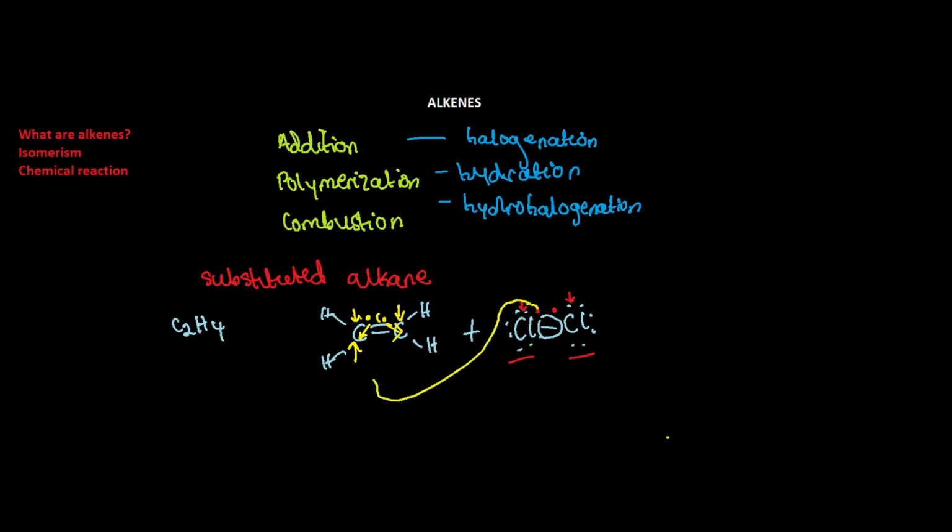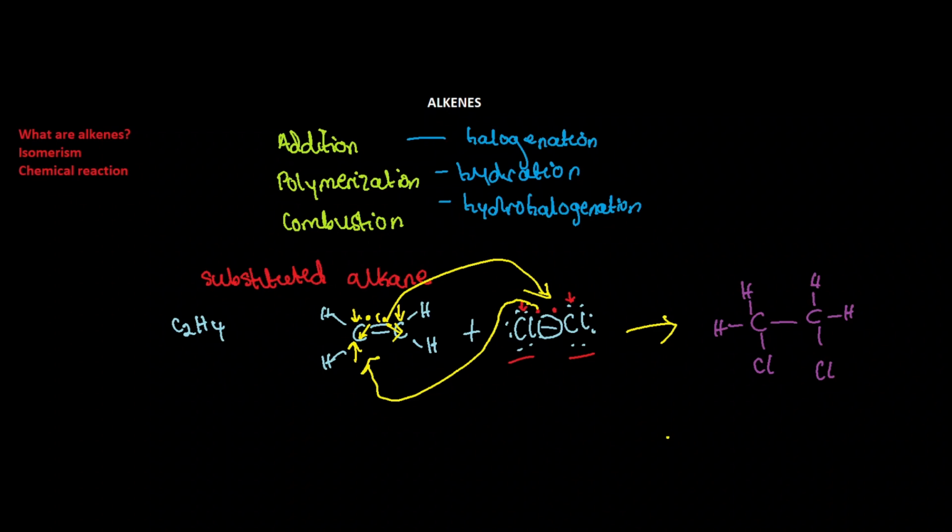Now this chlorine also takes back its electron, but in this case it now shares with this carbon, and this shares with this carbon, so it forms something like this. So now we have a bond between this carbon and chlorine, and of course the sigma bond still exists between this carbon and chlorine, and of course our two hydrogen atoms are still in place.